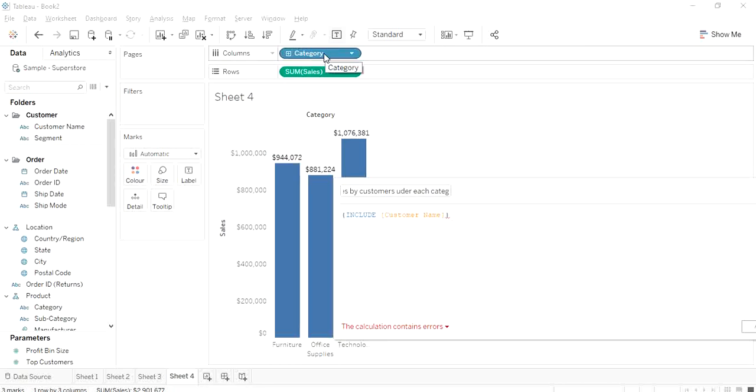That means it will also take category into consideration. Along with the category, customer name will come and then it will aggregate the average sales. So let's see. And then what I'll do is sum of sales.